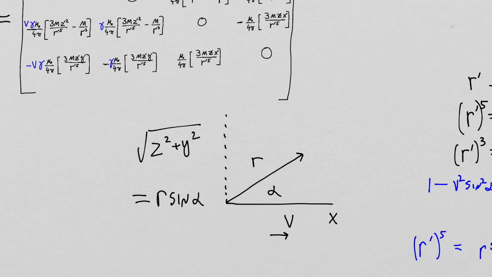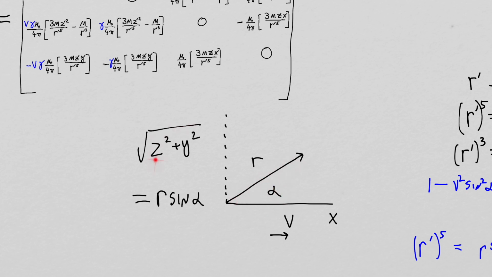We know r has two components: the square root of z squared plus y squared, and x. And this value, the square root of z squared plus y squared, is r, this magnitude, projected onto the line perpendicular to x, so you get r sine alpha, where there's some angle alpha.